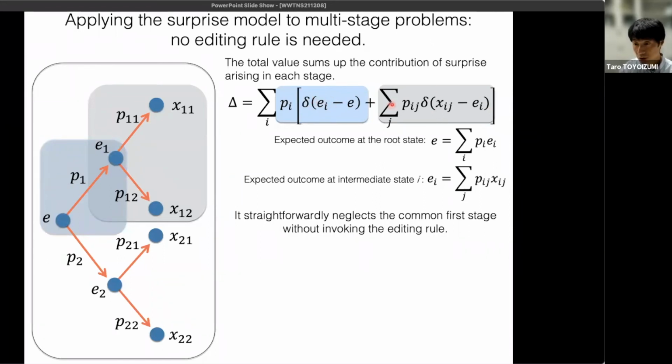This is the surprise from the second transition. Again, it's a multiplication of probability P11, for example. And inside this nonlinear function, you compare the expected value before the transition E1, and after the transition, the actual outcome.